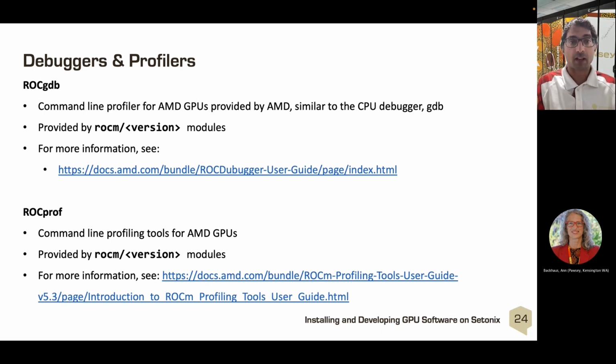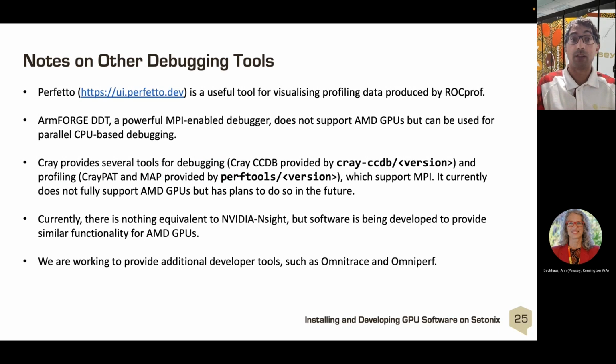ROCprof is a command line profiling tool for AMD GPUs. The AMD site has quite a good discussion of ROCprof and how to make use of the information it provides. And these tools are just one of many. So these are debuggers and profilers, but there are other debugging tools.